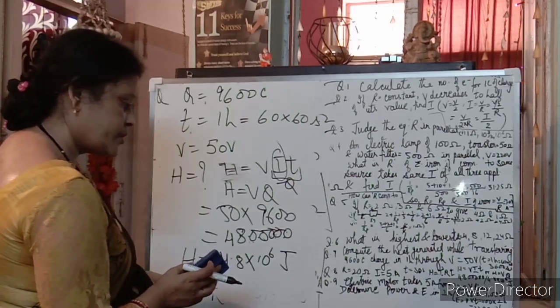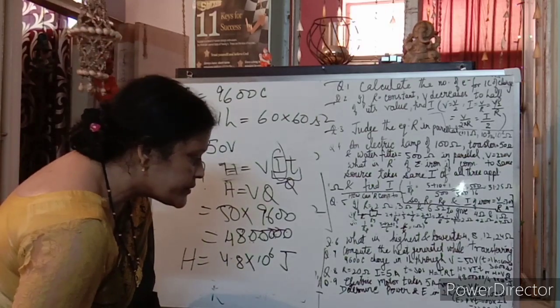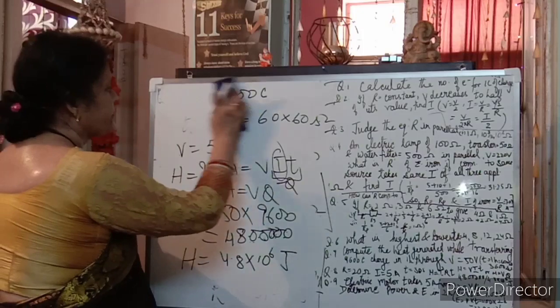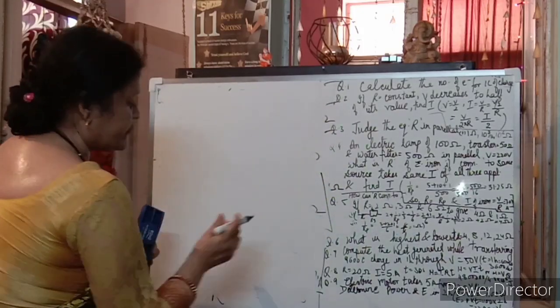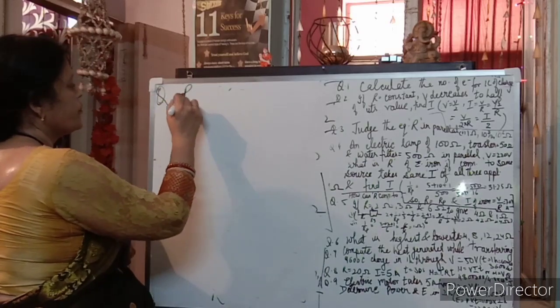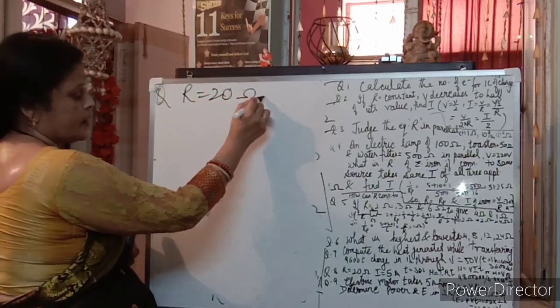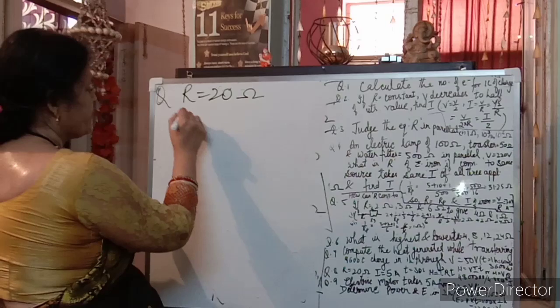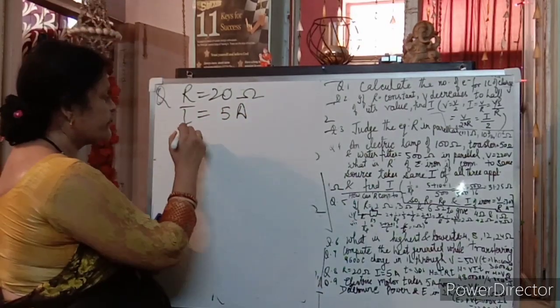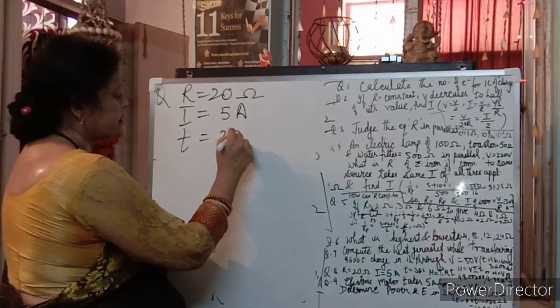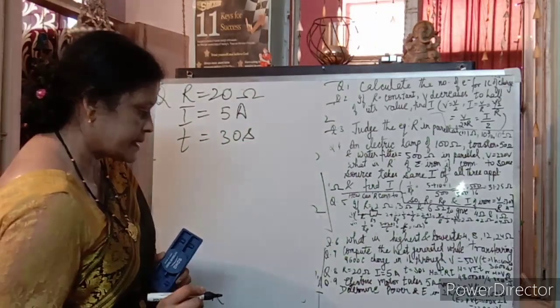Next, come, what is the question? Another question. If R given is 20 ohm, I given is 5 ampere, and T given is 30 seconds.